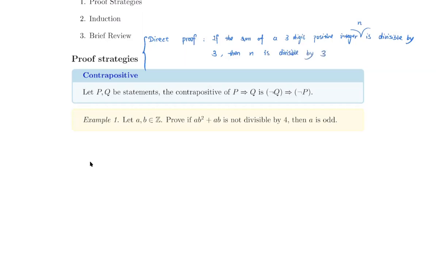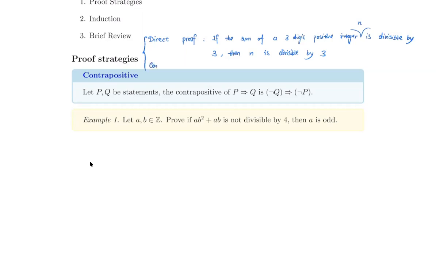So for divisibility questions, most likely you just need a direct proof. Again, I said most likely. You don't have to prove that. It's a good practice, but you don't have to, okay? I think it's from your textbook, so it's a good practice.